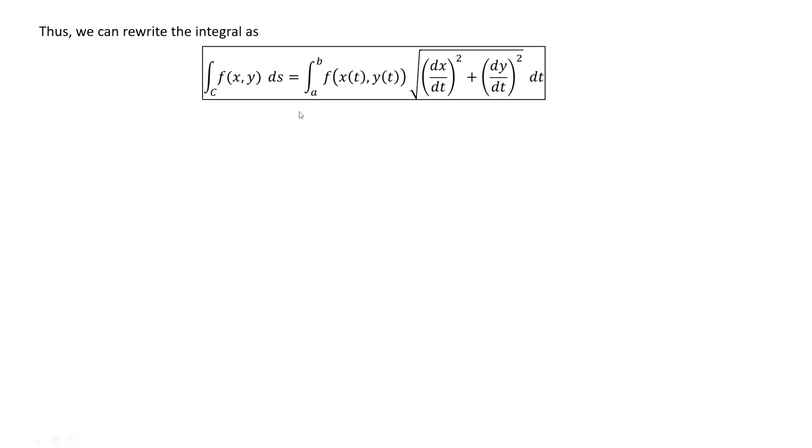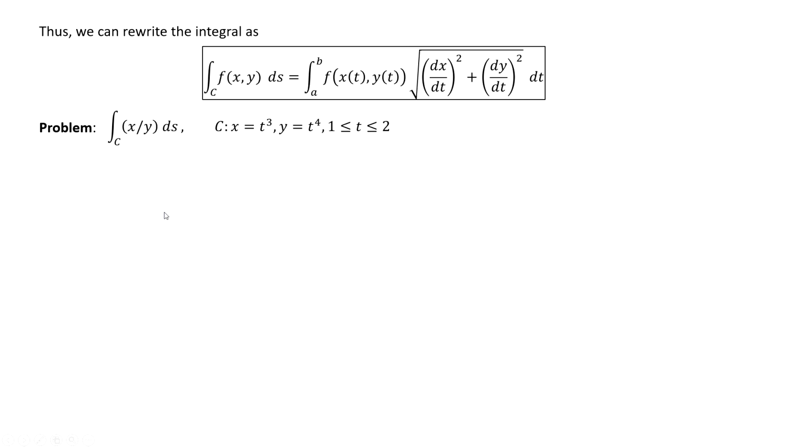Okay, this you sort of have to remember, memorize. So that's why I put it in a box. Okay, I'll illustrate all of this with quite a few examples.